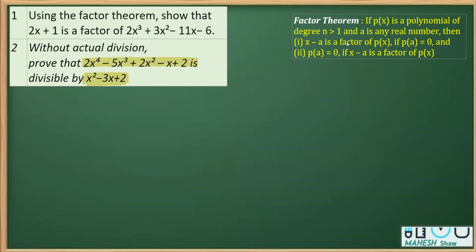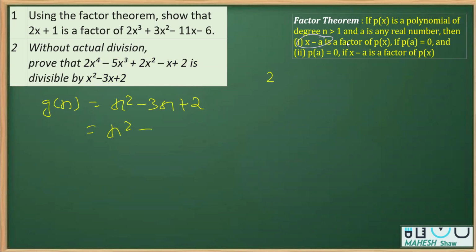Here we cannot use the factor theorem directly, as the divisor has to be linear, but this is not a linear polynomial. So we are going to split it into two linear polynomials. Let's say I write this as g(x), which is x square minus 3x plus 2. Clearly it's a quadratic polynomial and can be factorized by middle term factorization.